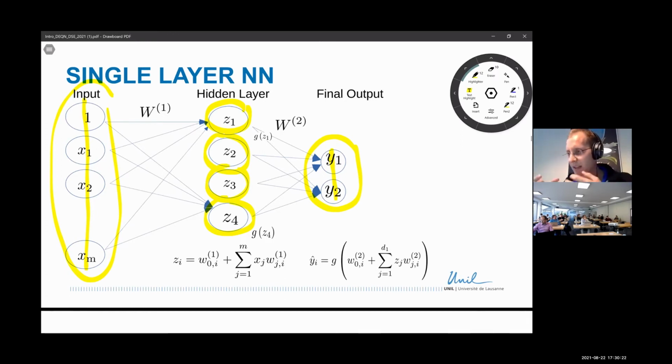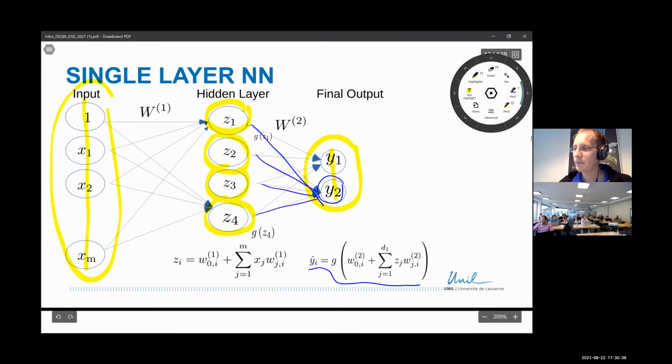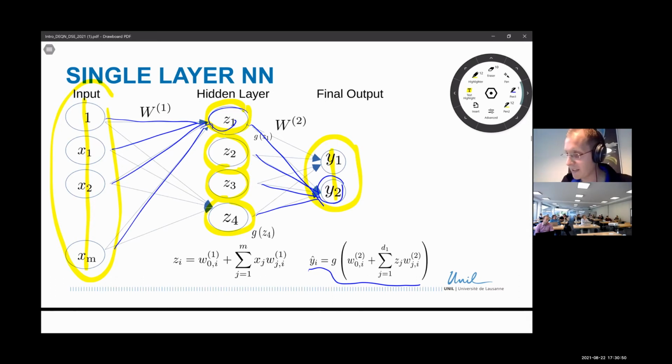So this would be a single layer neural net, but the mathematics is always the same. To go here, you have this weighted sum of the input nodes. If you go to C1, you have again a weighted sum, activated, etc. So it's just like evaluating a neural net. It's just a gigantic sum in the end of the day.